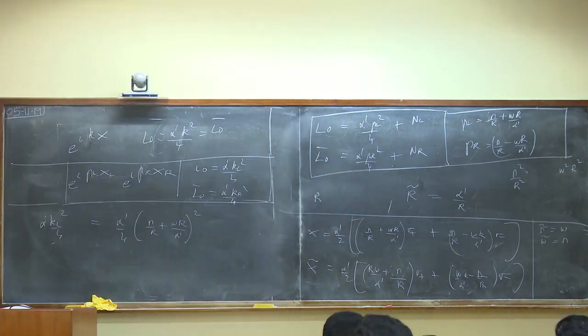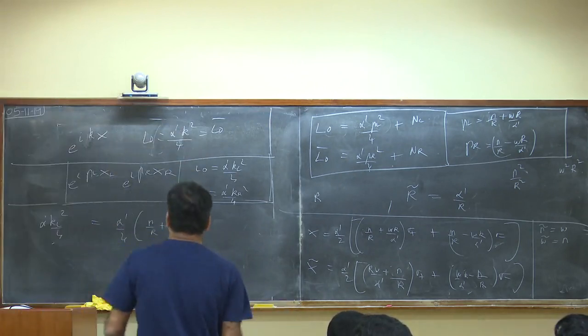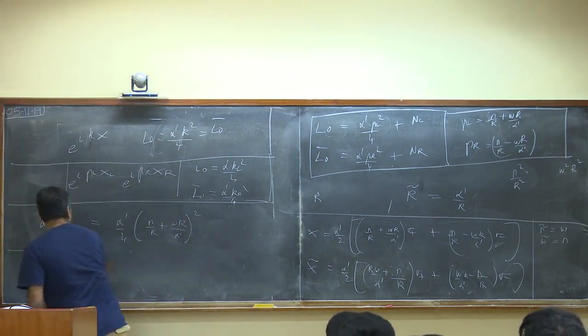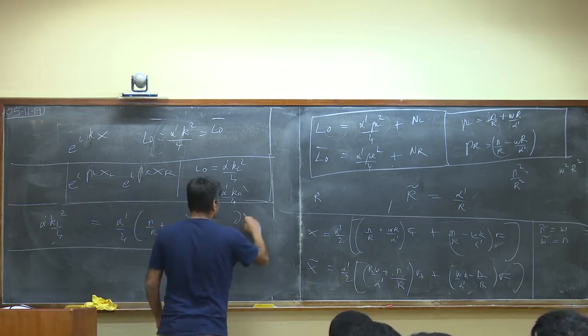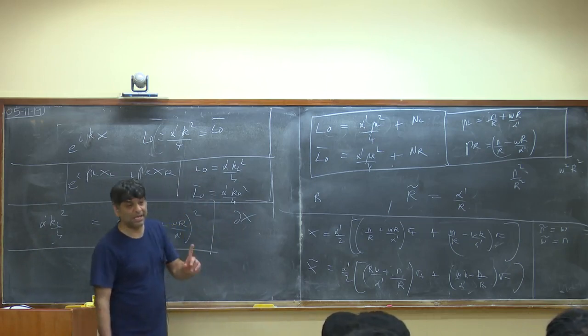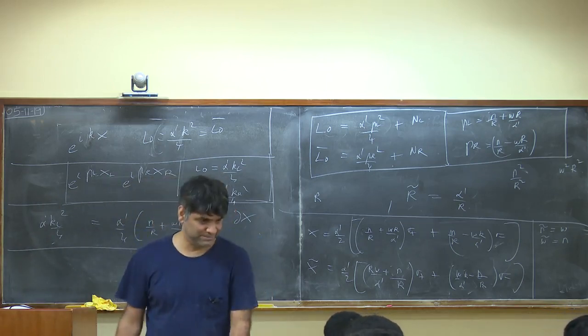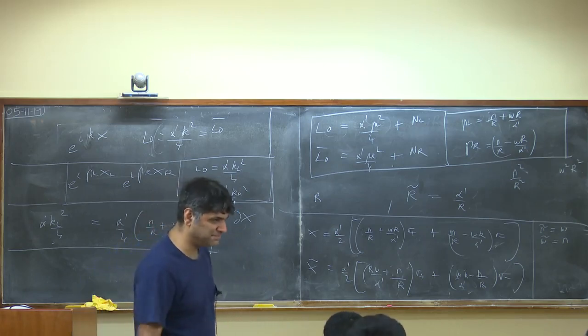Now I'm going to ask, look, as you might remember, there was an interesting operator in this free boson theory which had L0 equals 1 and L0 bar equals 0. That was del x.